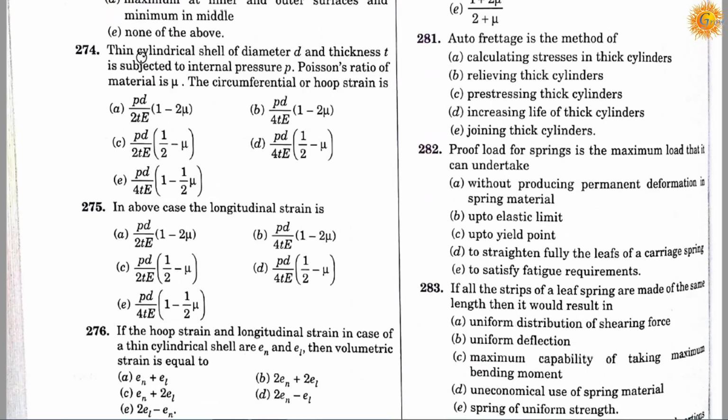A thin cylindrical shell of diameter d and thickness t is subjected to internal pressure P. Poisson's ratio of material is mu.